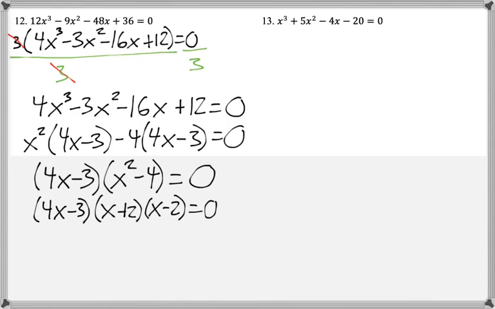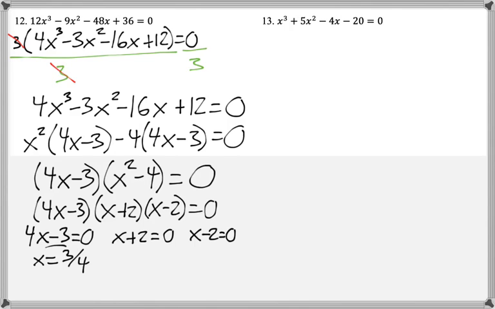And then I want to set each of my factors equal to 0 and solve. So x is equal to 3 over 4, x is equal to negative 2, and x is equal to positive 2.